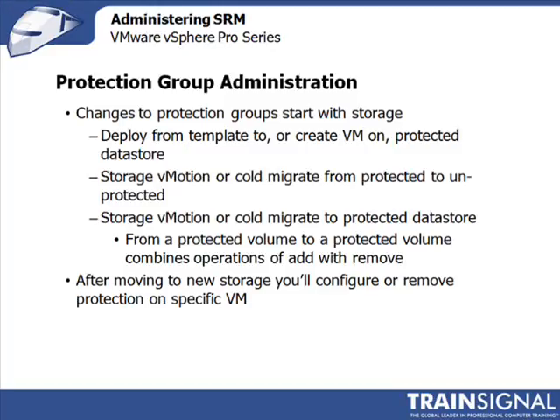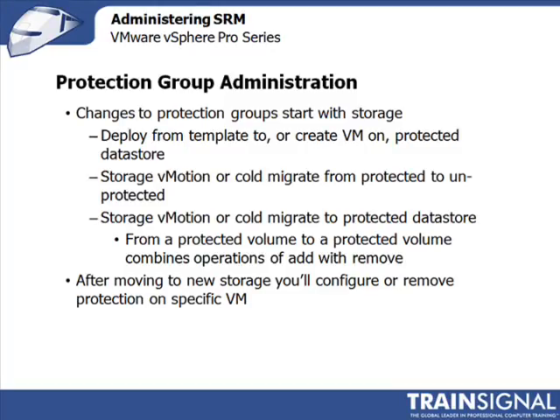The other way that you can change a protection group or add or subtract VMs is to use storage vMotion or cold migration to move the storage of a virtual machine from a protected data store to an unprotected data store. Once you're done with that, you would then remove protection from the virtual machine.